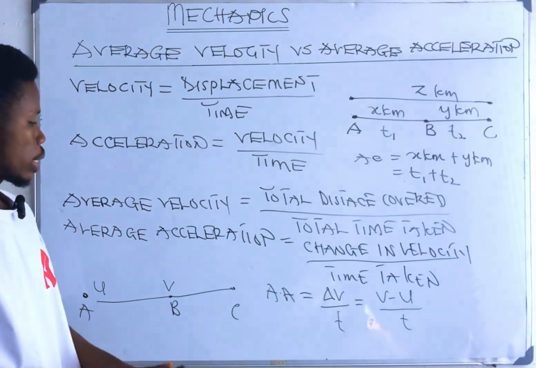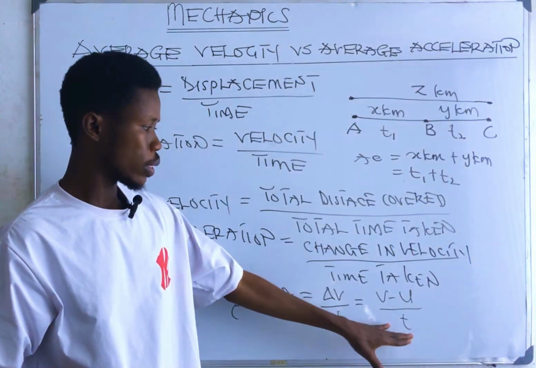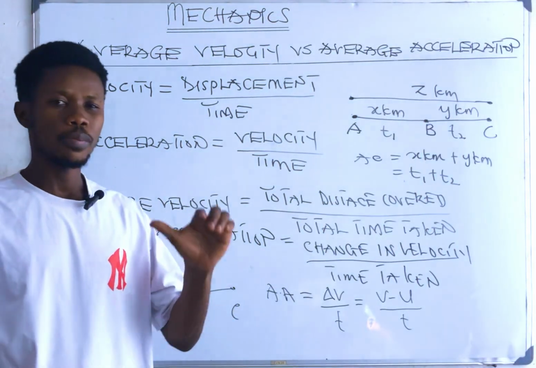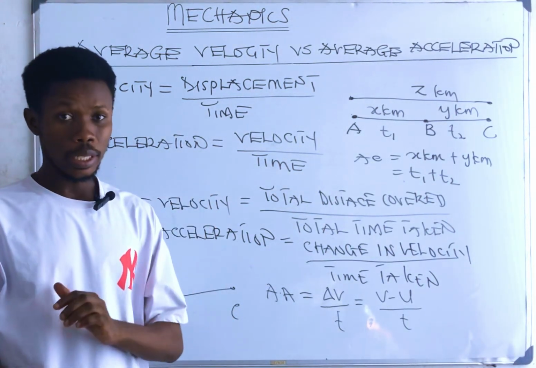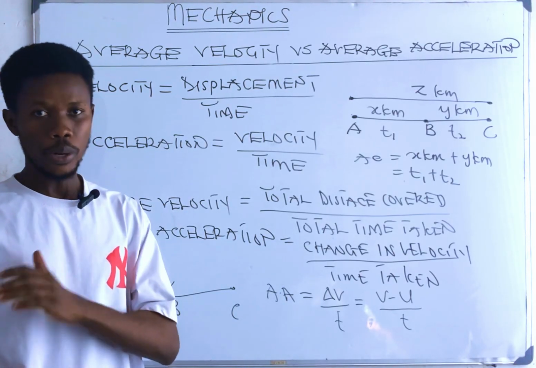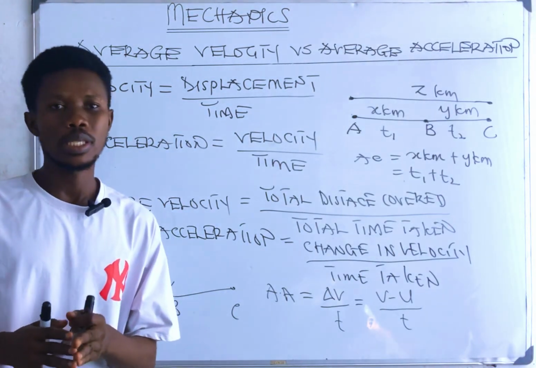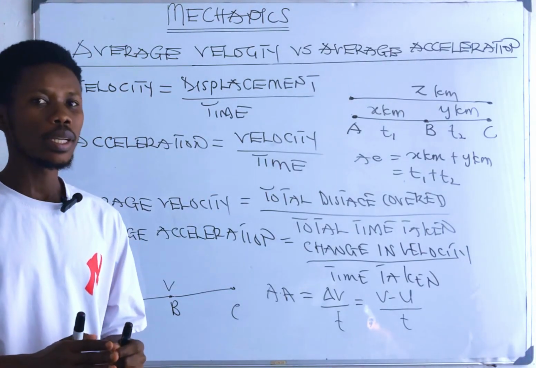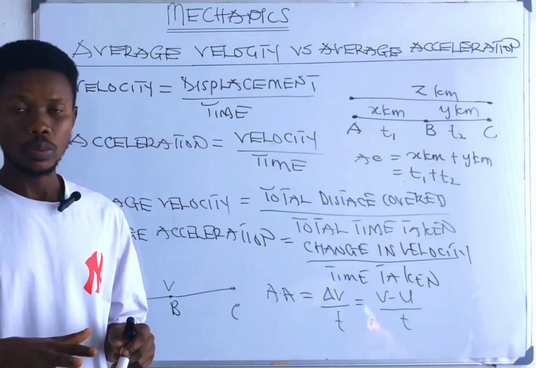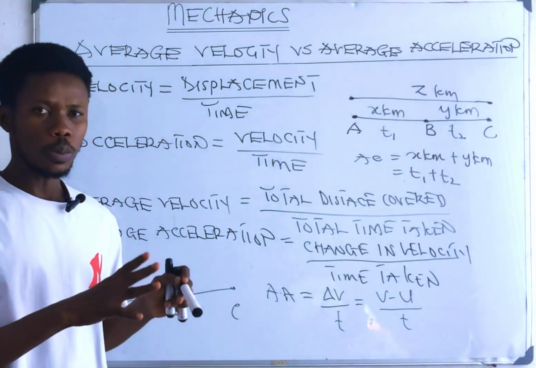So that is for the average acceleration. In fact, we can also have average retardation or deceleration. When we say something is decelerating, it means that particular object is slowing down. It's not moving in the opposite direction.